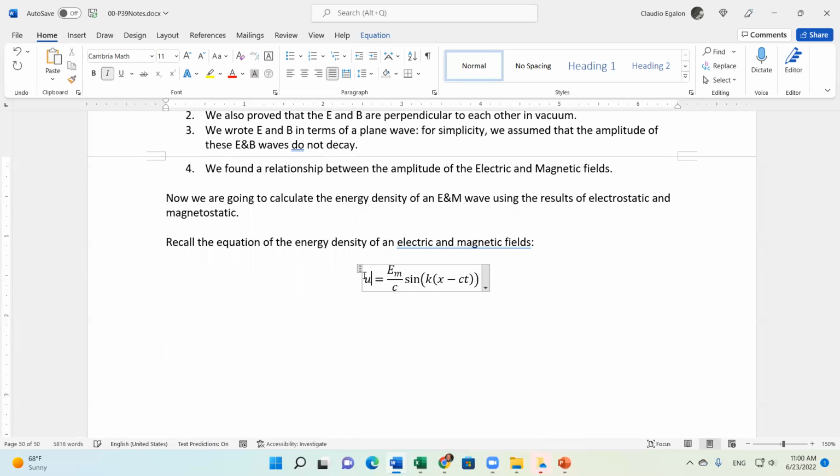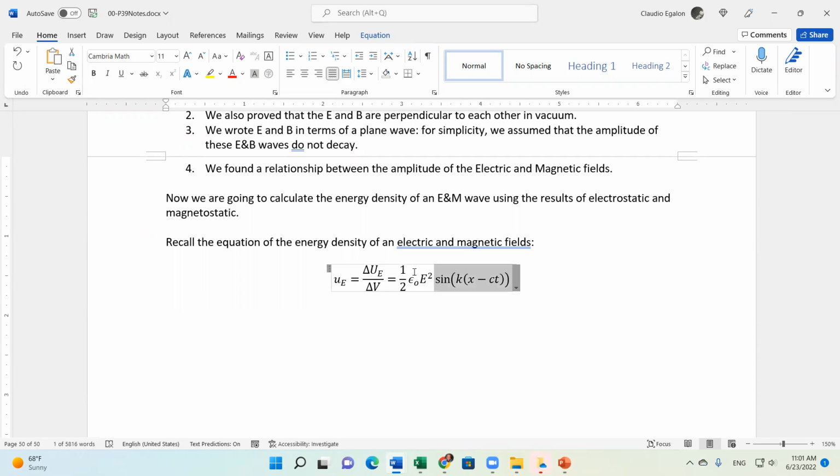The energy density of the electric field, which by the way is delta U of the electric field over delta V, is going to be half epsilon naught, electric field squared.